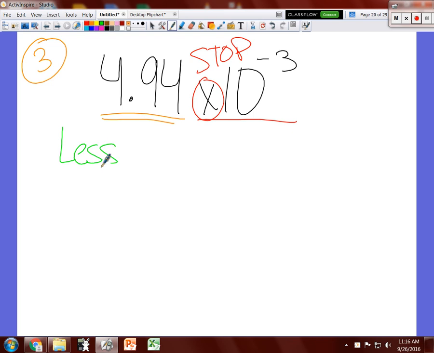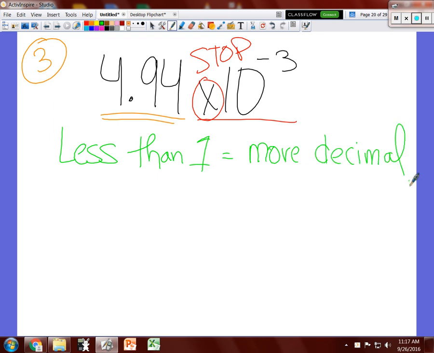And so if it's less than 1, we move the decimal which way? That's important. Okay? So if the number is less than 1, because obviously, if I start moving that decimal to the right, it's going to make it bigger.